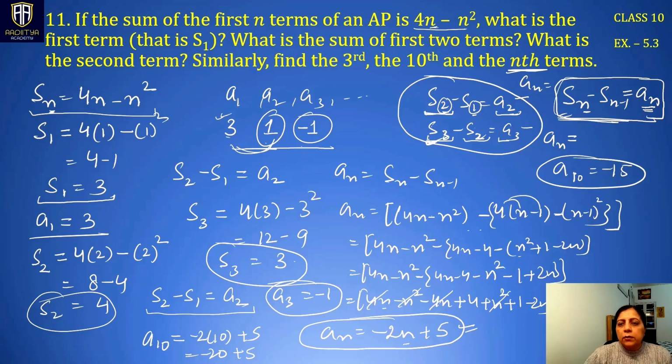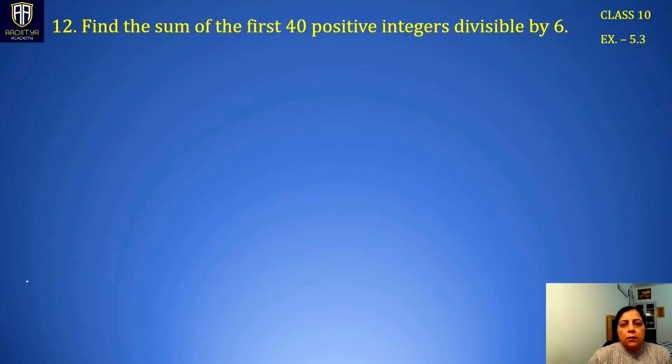And an is minus 2n plus 5. These are the two final values you are supposed to find. So now you have developed a formula, Sn minus Sn minus 1 is equal to an. We can use this in further questions. Find the sum of the first 40 positive integers divisible by 6.